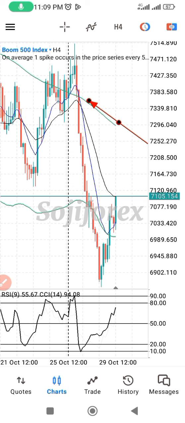For the sake of simplicity, we use our middle Bollinger Band to determine our trend. And what it implies is that anytime price is below the middle Bollinger Band, we are looking for sell entries, and whenever price is above the middle Bollinger Band, we are looking for buy entries.